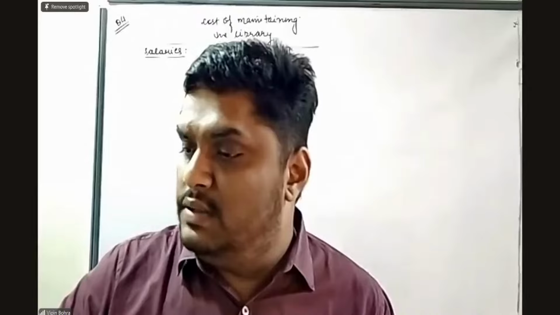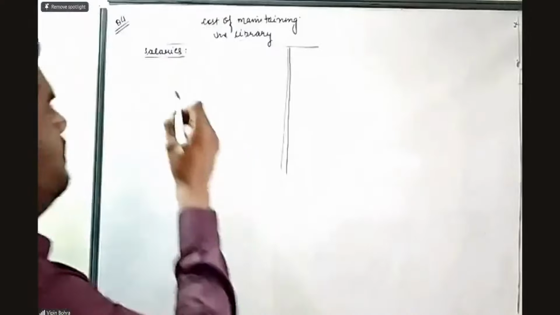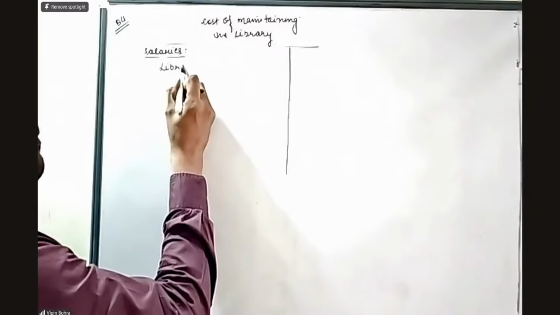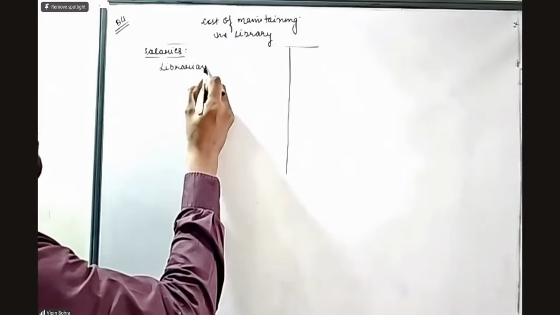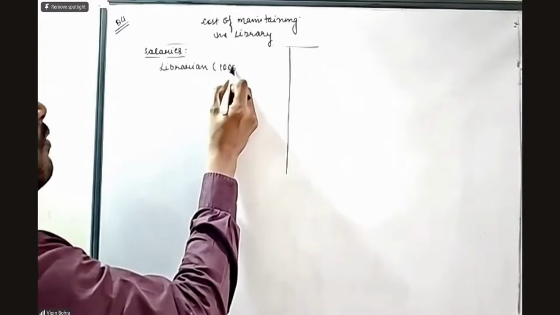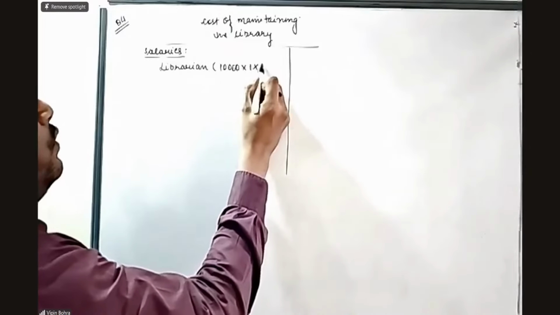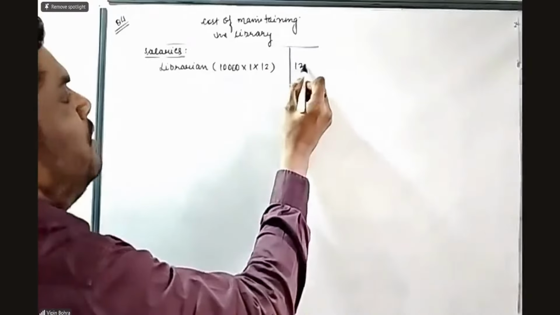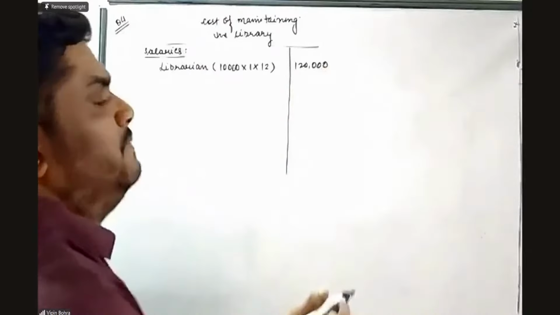Librarian, it is 10,000 per month. Only one librarian, into 12 months. So this will be 1,20,000.